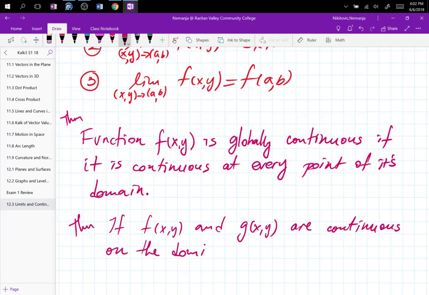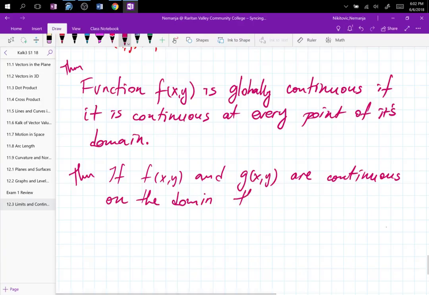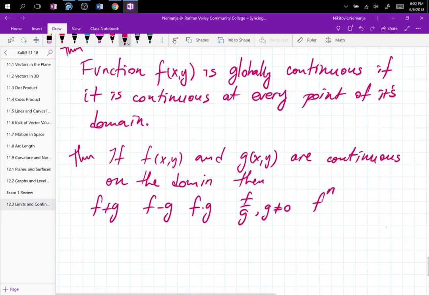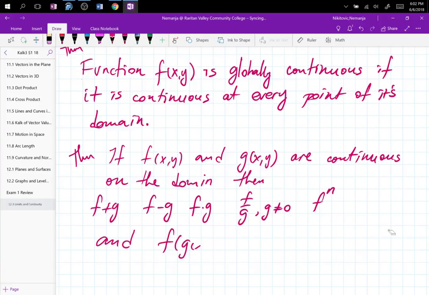Now it has to be the combined domain, right? Then we write f plus g, f minus g, f times g, f divided by g provided g is not 0, f squared, or f to the n, and f composed with g, right? So you plug one into another, are all continuous.